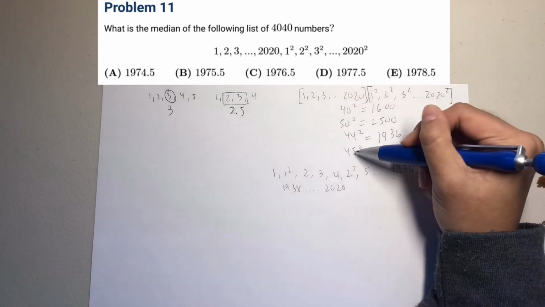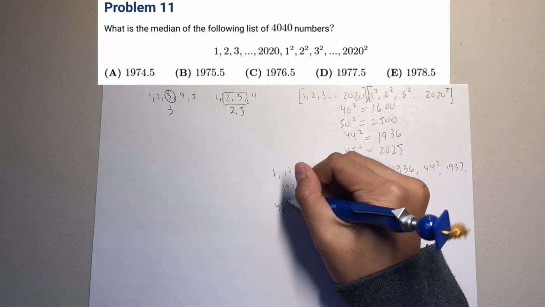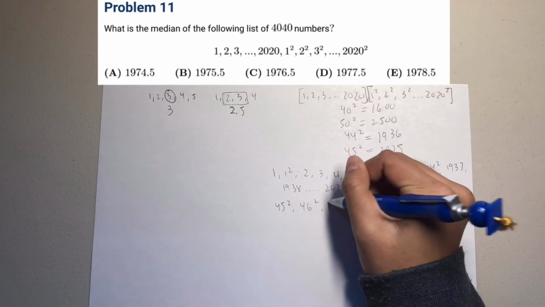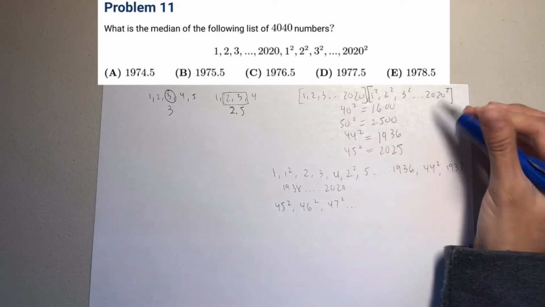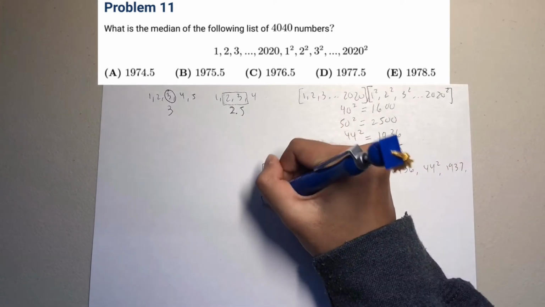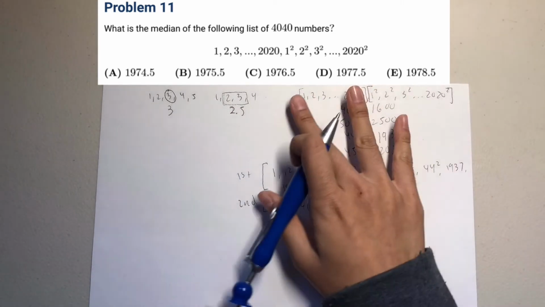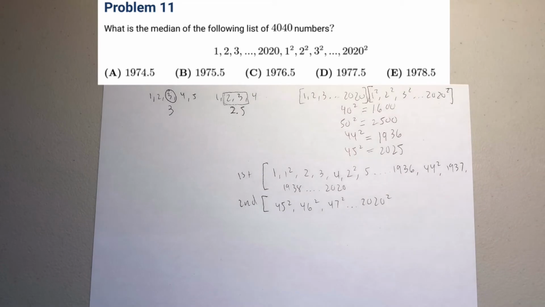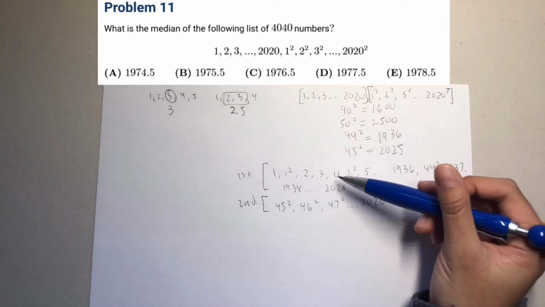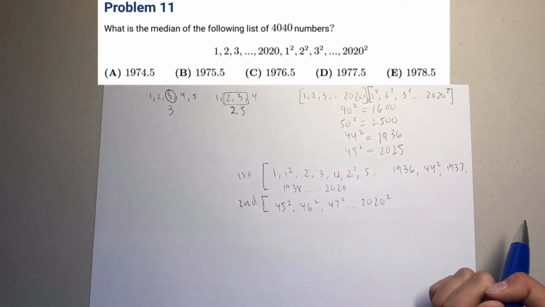And then on the other side will be 45 squared, 46 squared, 47 squared, all the way to 2020 squared. So this is the first part. This is the second part of the original list. Since we want to find the median, this will be helpful in determining where exactly is the middle part.